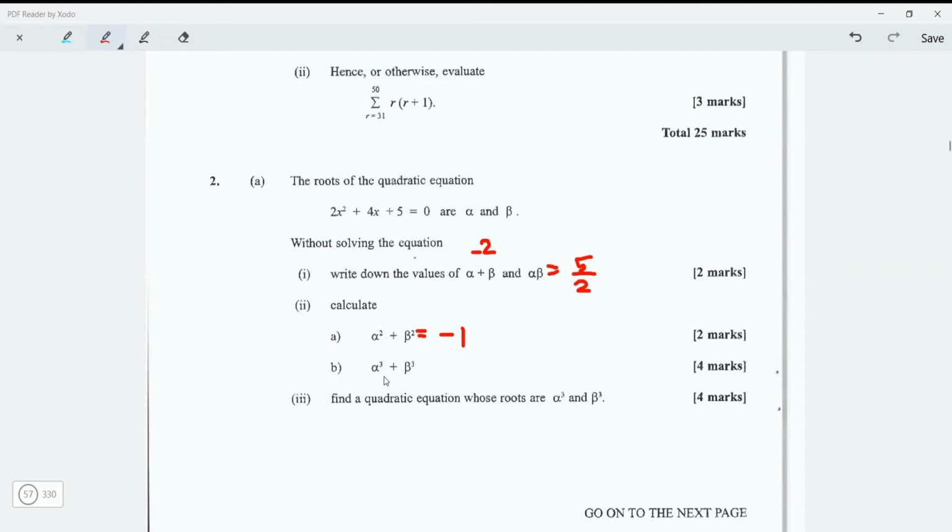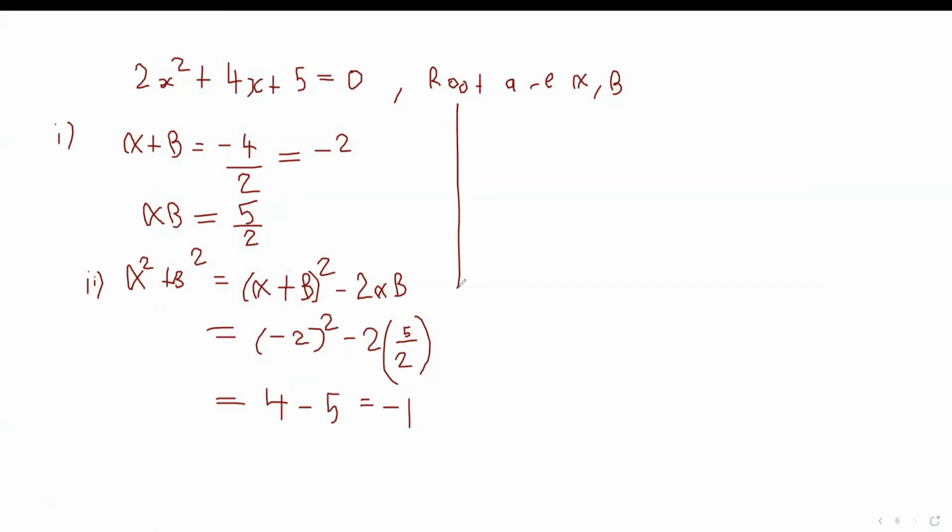Now it says find alpha cube plus beta cube. That's easy. So let's do it over here. Let's change the ink for this one. Let's go to a black ink. So for part 3 now, we want to work out alpha cube plus beta cube.